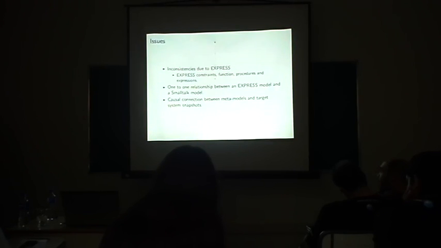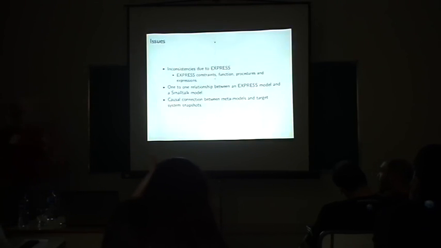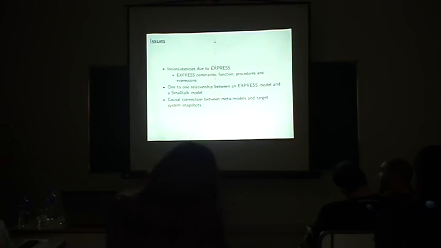especially for the specification of the dynamic part of the language: constraint, function, procedure, and expression. If you write a rule in Smalltalk, you can do that with a method. But if you do that with Express and generate the code and accept the code within Pharo, you will not have exactly the same code.